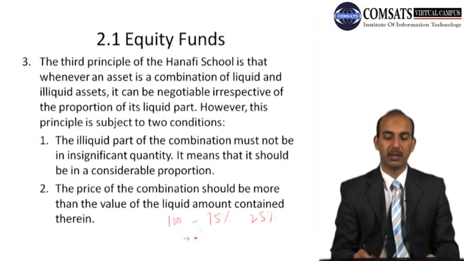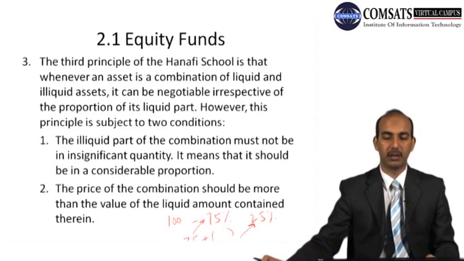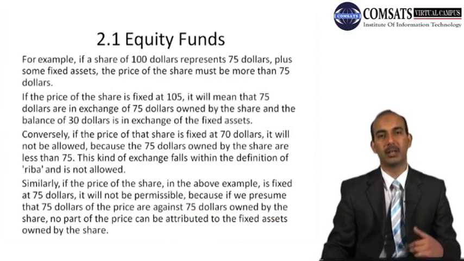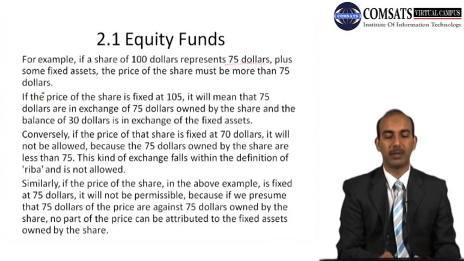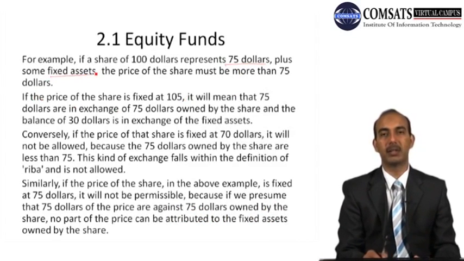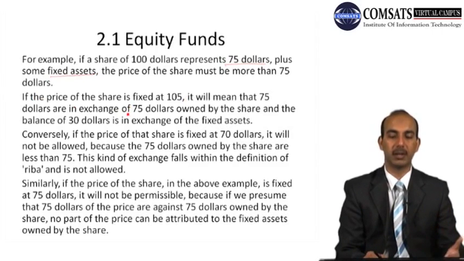What does it mean? That 75% represents the liquid assets, plus any value will represent the value of illiquid assets. So this example will make it more clear that if a share of $100 represents $75 plus some fixed assets, that is, 75% is liquid asset and 25% is illiquid asset, so the price of the share must be more than $75.